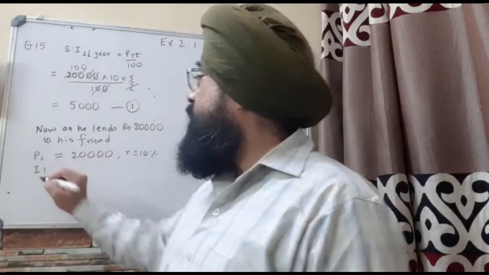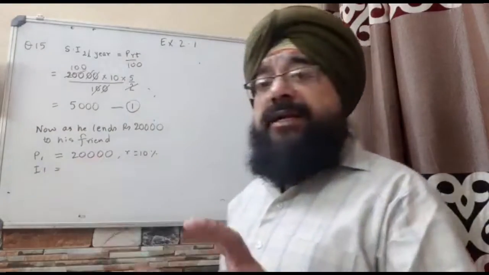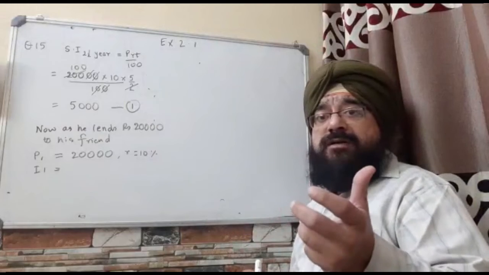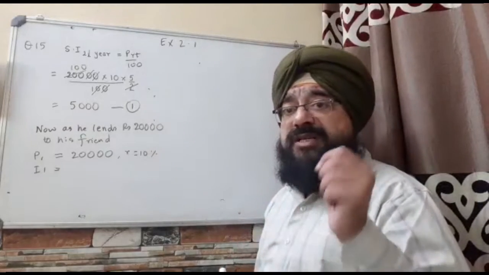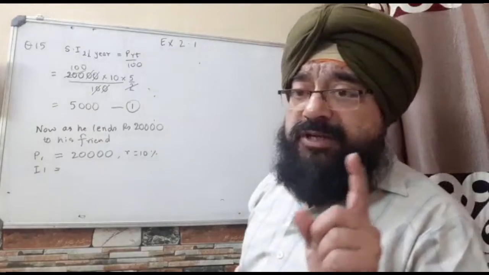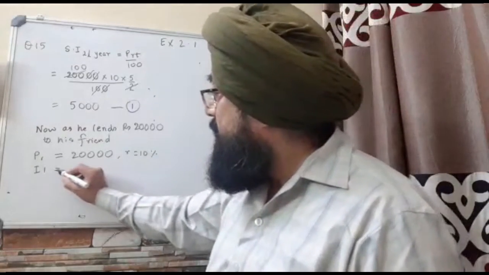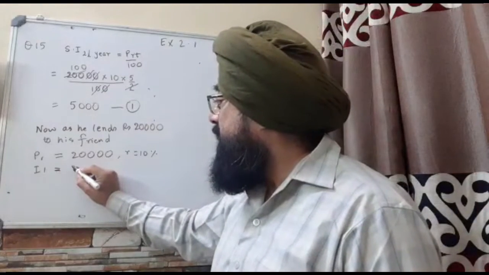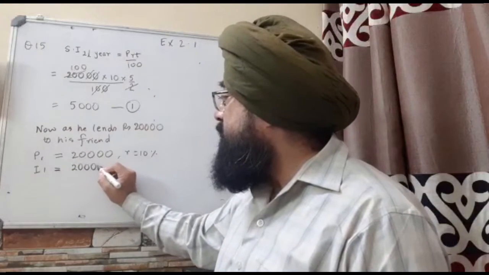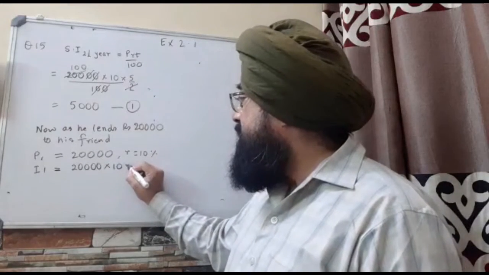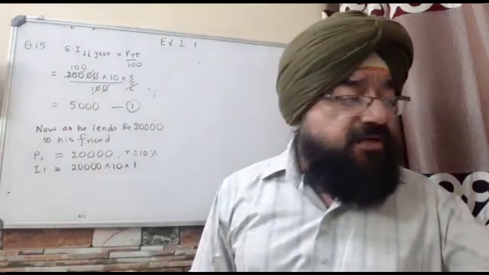So amount at the end of 1 year can be calculated using the same formula PRT upon 100. I said I can use the same formula for compound as well as the simple interest. The only difference is that for compound interest, we can use it only for 1 year at a time. So interest at the end of 1 year can be calculated as 20,000 into rate 10%, time is 1 year, because interest is compounded annually.